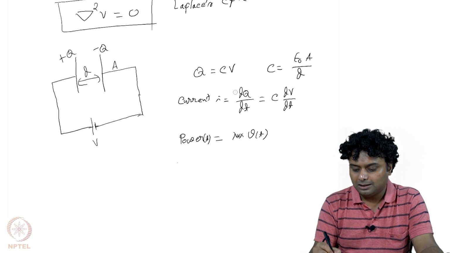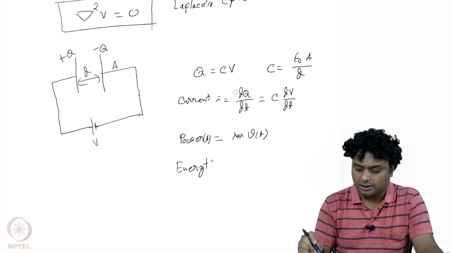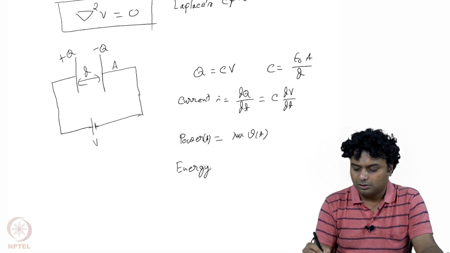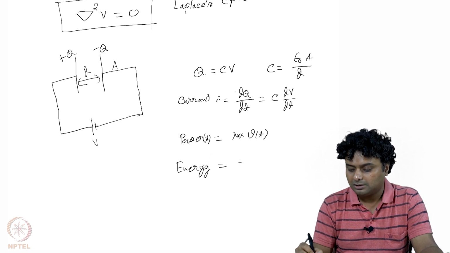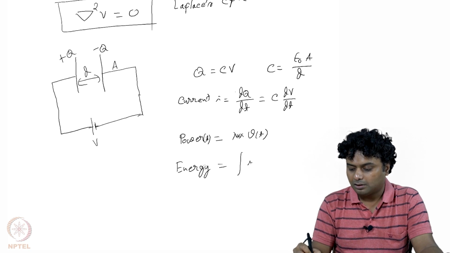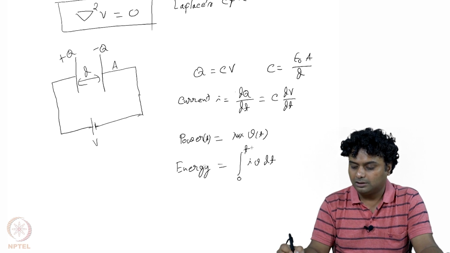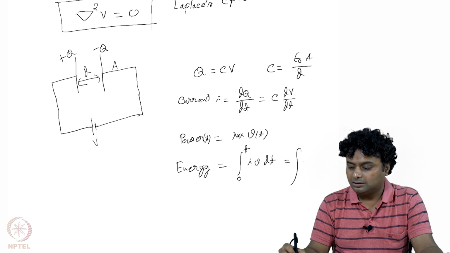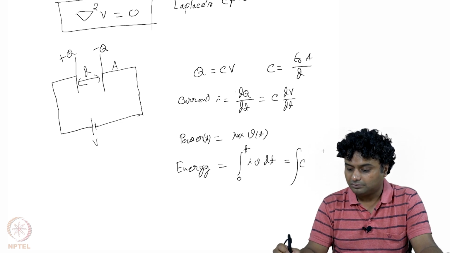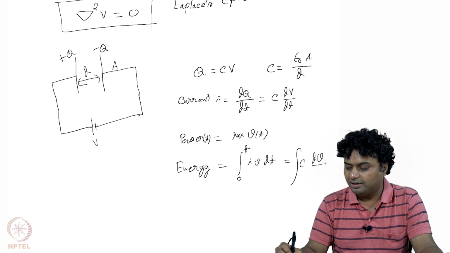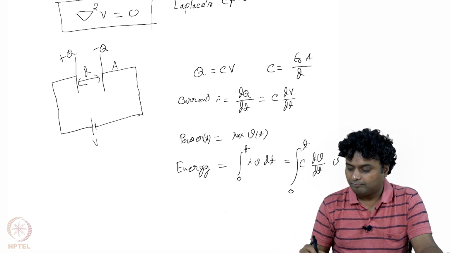Then what is the energy? Energy stored till some point t is the integration over 0 to t of I into V into dt, and that is C dV dt into V into dt from 0 to t, right.